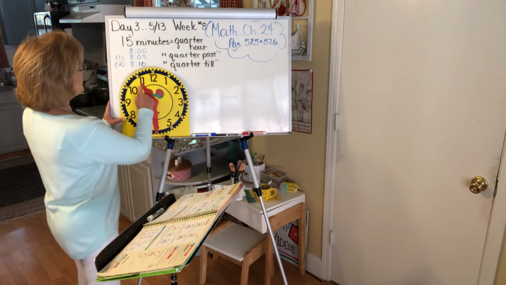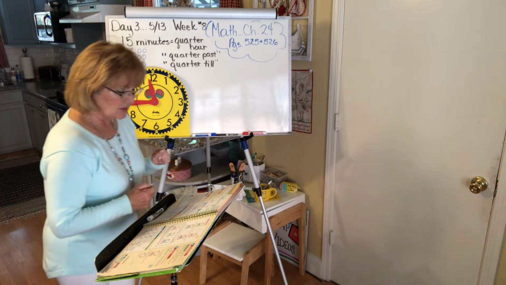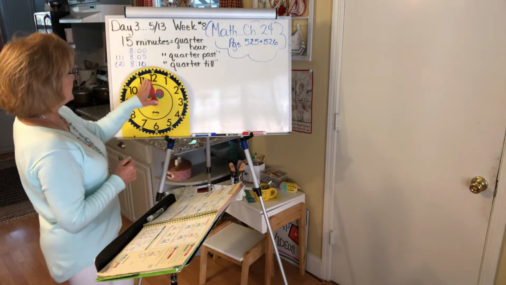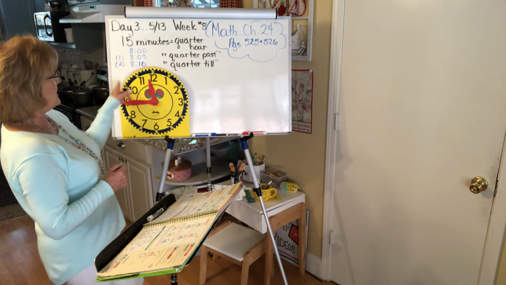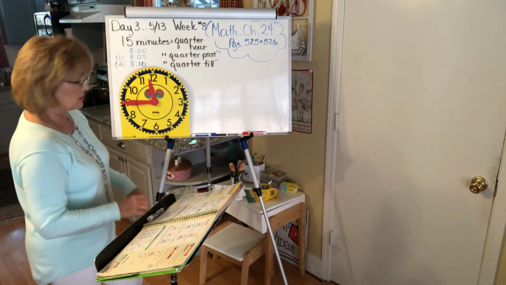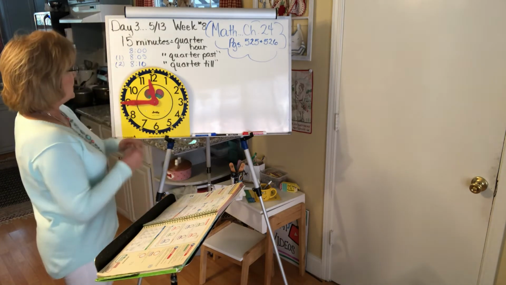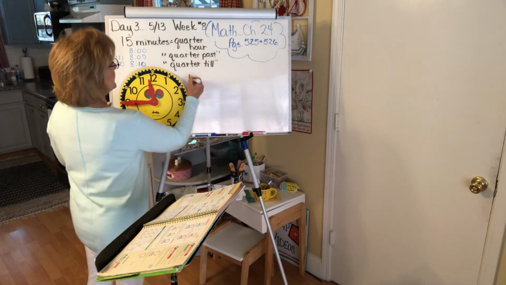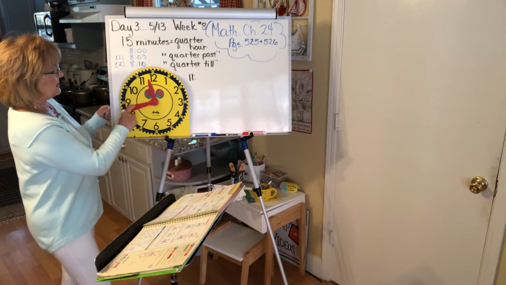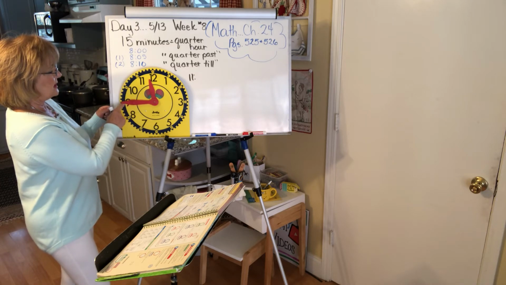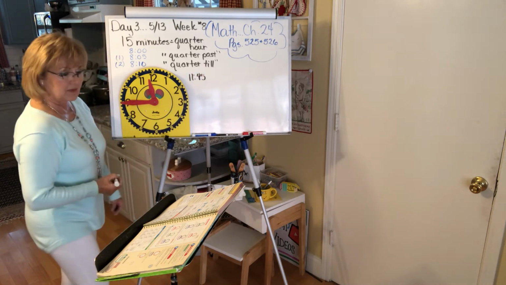So the next one shows the hour hand really getting dangerously close to the 12, but does it belong to 12 yet? No, it's not there because the minute hand hasn't gone past the 12. So what time is it? Well, the hour is 11, we know that. 11 what? What is it when the minute hand is on the 9? 45. It's 11:45.